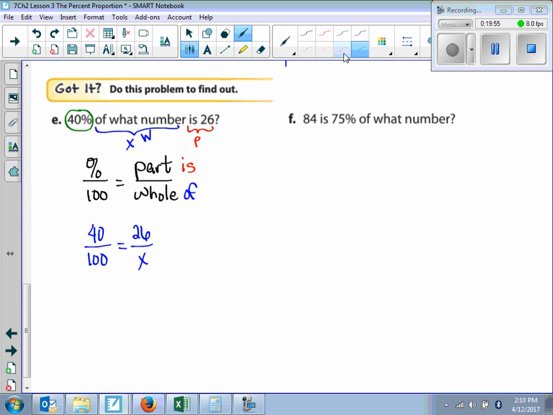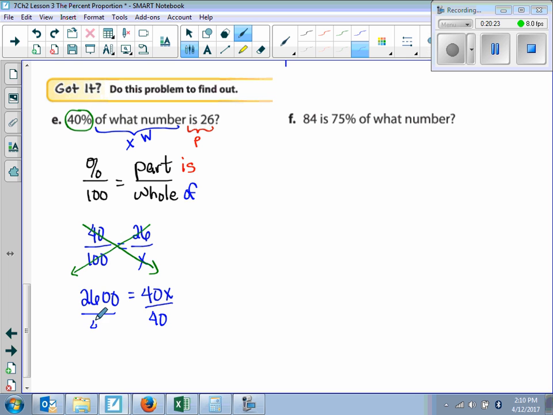And then we're going to cross multiply to solve our proportion. So on one side, following our arrows, we have 26 times 100, which is 2,600, is equal to 40x. Now, to get the x by itself, we will divide by 40.